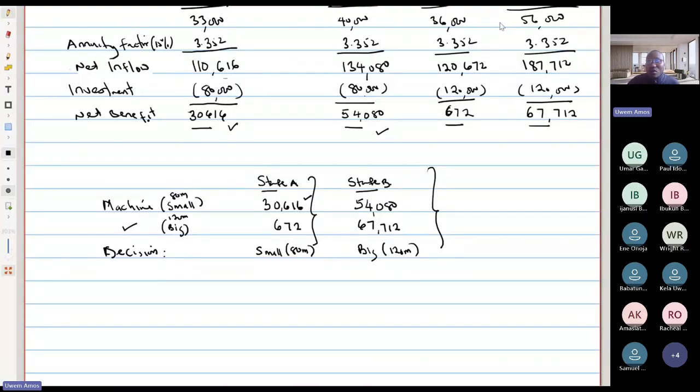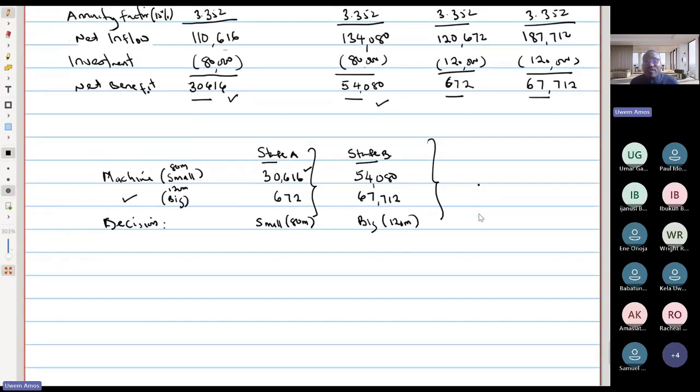Okay. So under state A, the small machine has better value. Under state B, the bigger machine, which is 120 million, has better value.